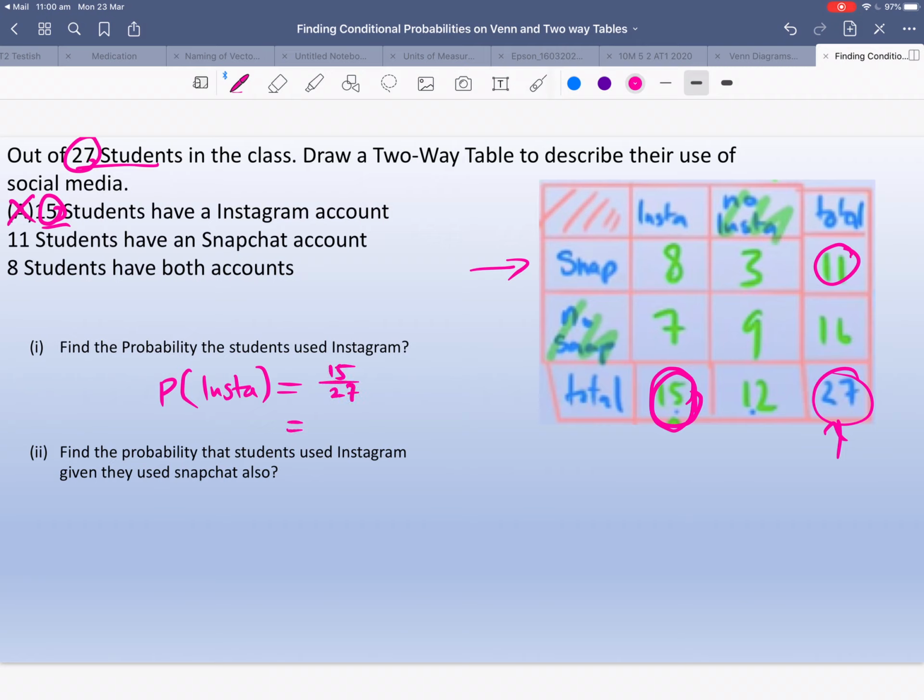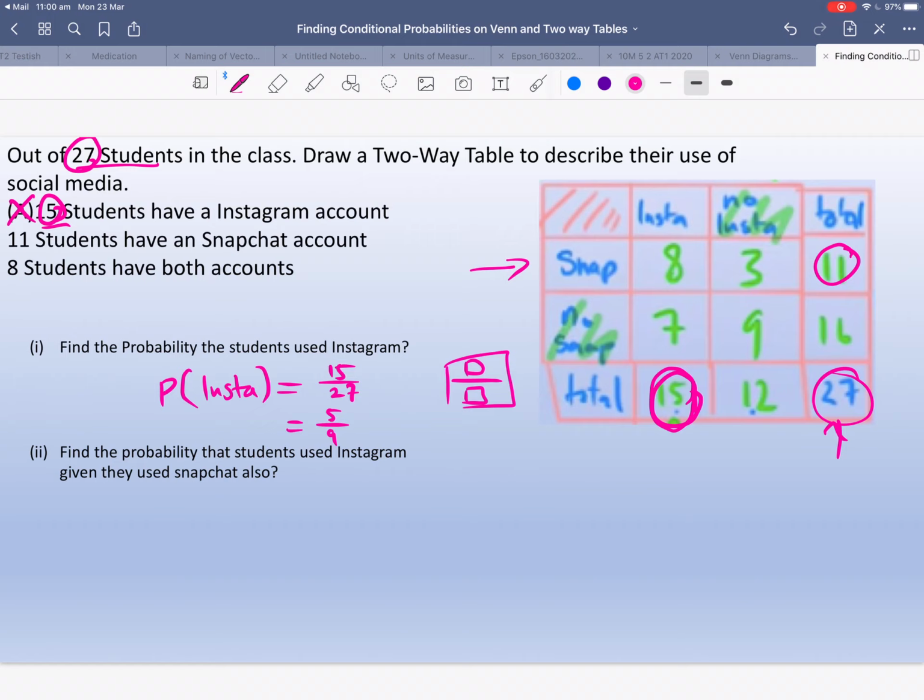We can simplify this down. The easiest way is to pop it in your calculator and press equals, but I'm going to do this one in my head. 3 goes into 15 5 times, and into 27 9 times. So that's the probability that students like Instagram.